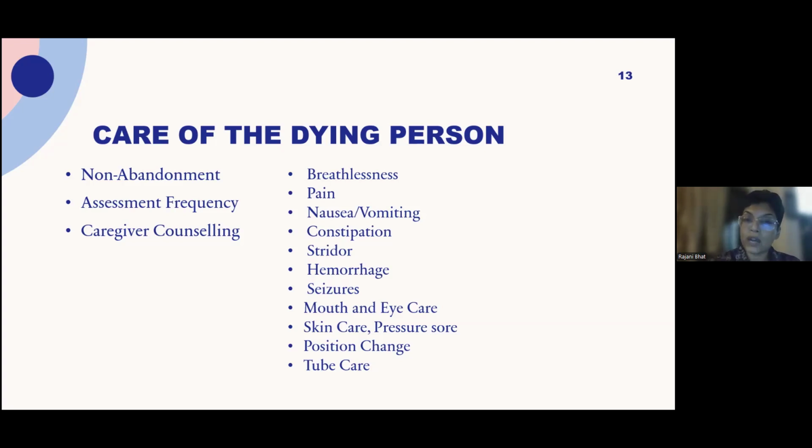When it comes to stridor, hemorrhage, and seizures right at the end of life, the most important drug that we use here is benzodiazepines for sedation. Because what we want to take away is the absolute fear and panic that comes at that time. So if I have a patient who's hemoptysizing and they are in the end of life terminal phase, at that point, my drug of choice is not going to be anything other than midazolam.